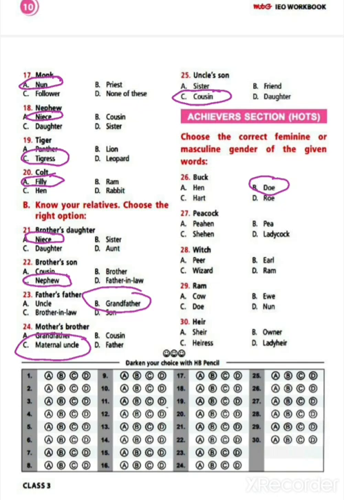The opposite will be option A, peahen. 28, witch. The option will be C, wizard, the masculine gender for witch. 29, ram will go with option B, ewe. And last one, 30, heir will go with option C, heiress.